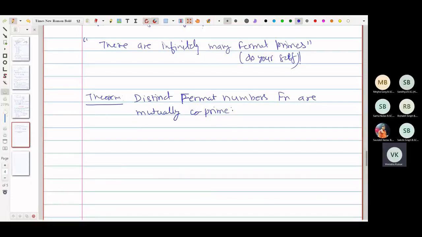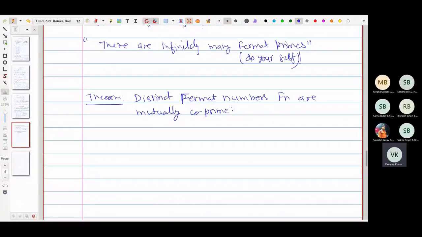It could not be proved that all Fn are prime, because we have F5 and so many other numbers of the form Fn which are non-prime. But the interesting part is that distinct Fermat numbers Fn are mutually coprime.